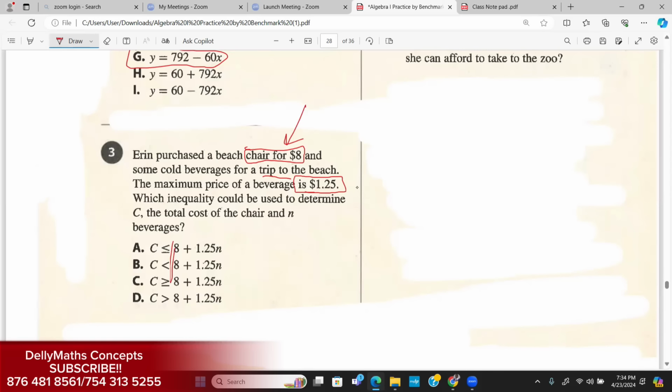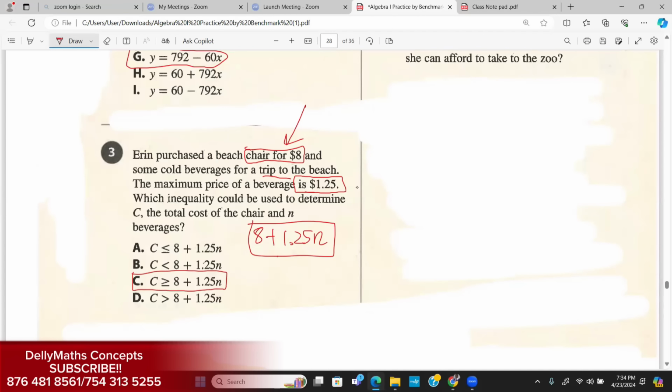All right. So we want to see which one of these we're going to pick, right? Now, as you can see here, we're looking for 8 plus 1.25n, and that is everywhere. You're seeing it everywhere. So the focus is going to be on the inequality, how we represent it. This would be some money that I have to pay. So this has to be less than or at least equal to the cost, because remember, this is the maximum money I'm using.